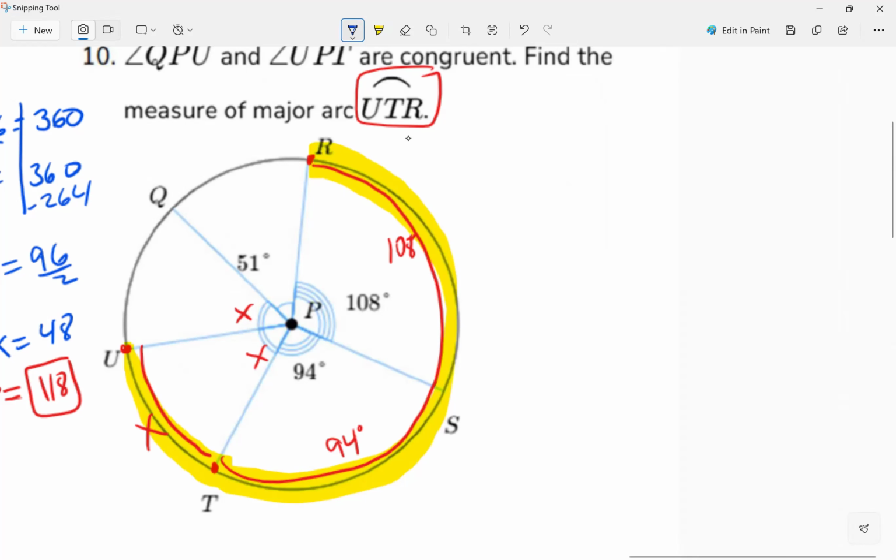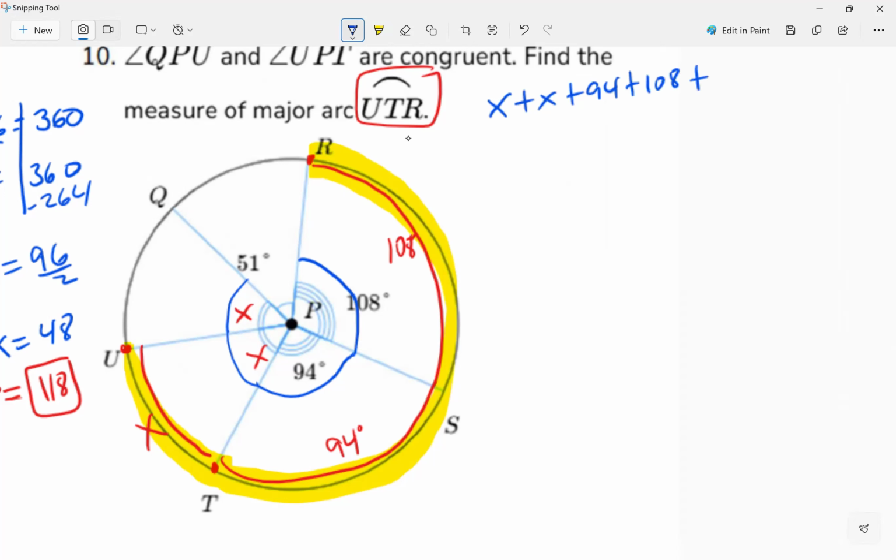Let me add all my angles in the center. So I have, letter-wise, 1x plus 1x. Let me write that down. 1x plus 1x plus 94 plus 108 plus 51. And because that completes my circle, this is equal to 360.